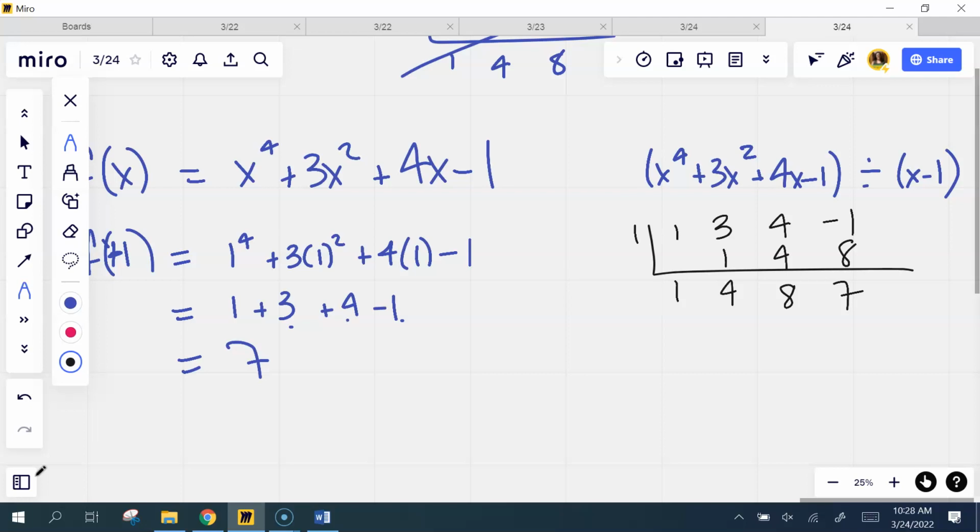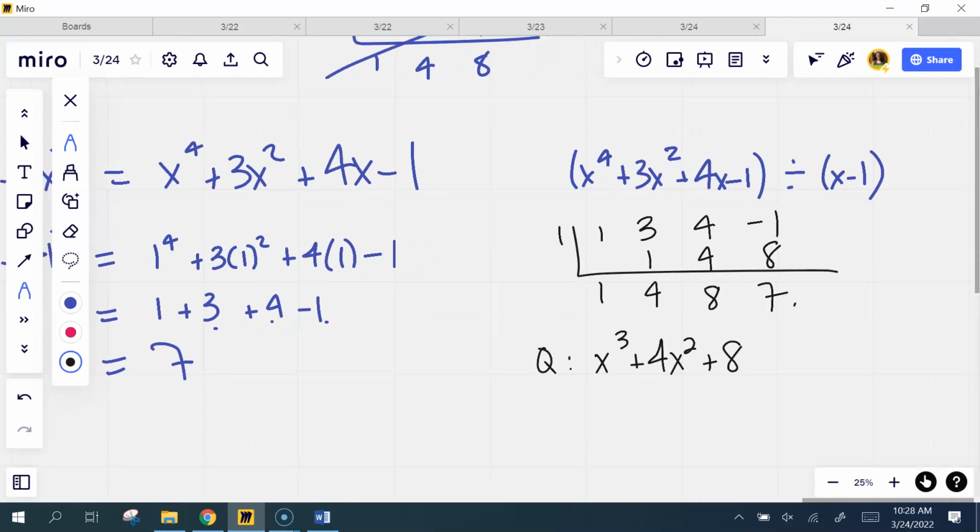What's the quotient? Right? Gosh, Stacy, what is wrong with me today?